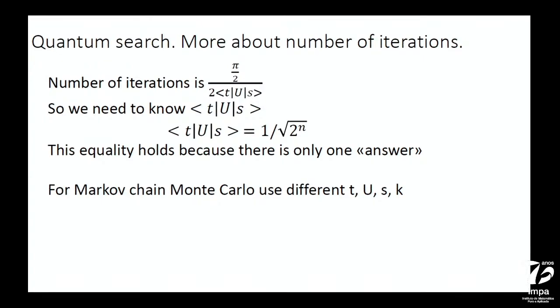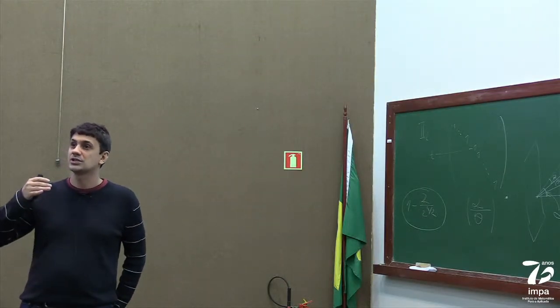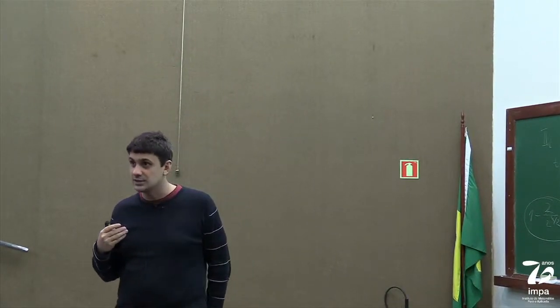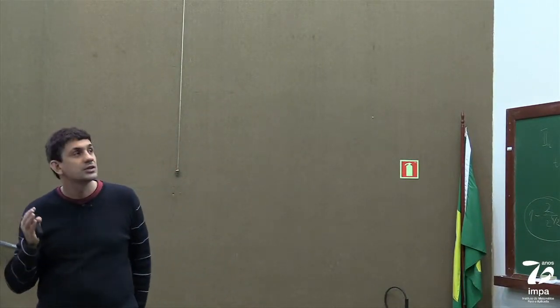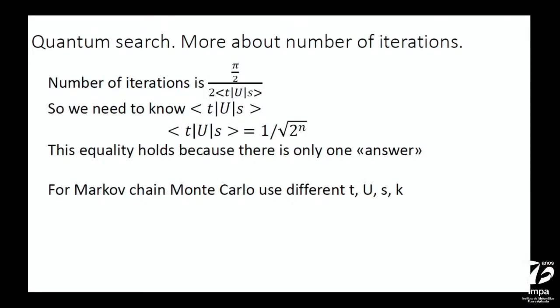As soon as you know it, you can repeat the same story. You don't necessarily take U the same as I did, and you don't necessarily take S the same as I did. You can choose your favorite values. The only thing you need to know is this property.